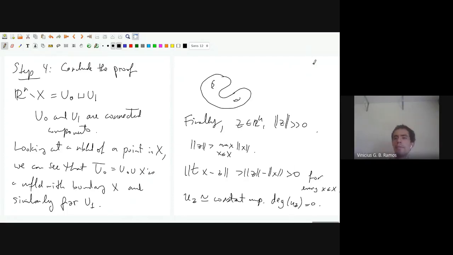If you take a point that's really far away, then you can homotope the map x minus z over the norm of x minus z to the constant map, because this is always different from 0. It's the same as what I did before. So basically, that's the end of the proof.